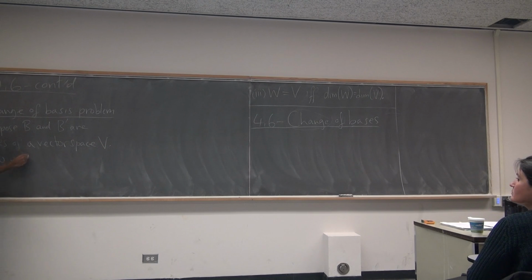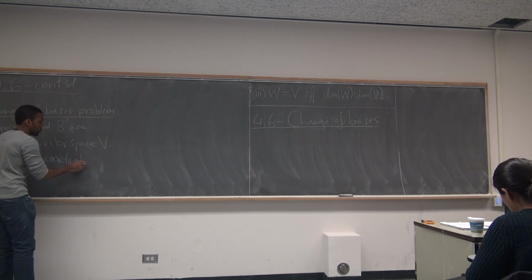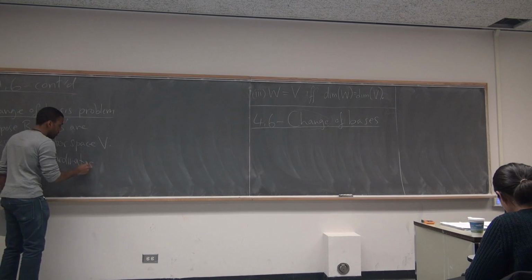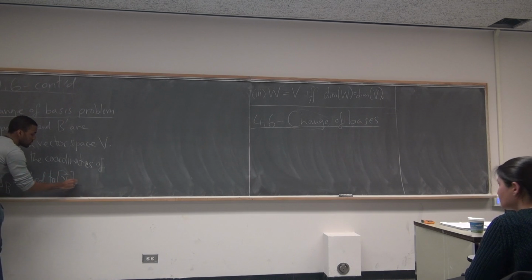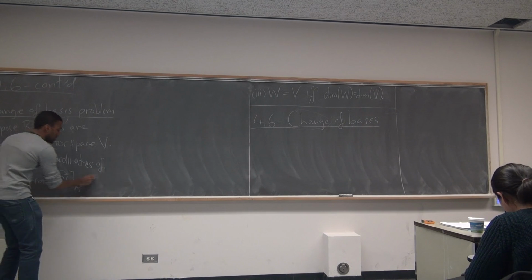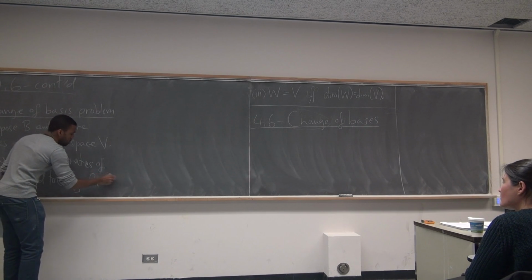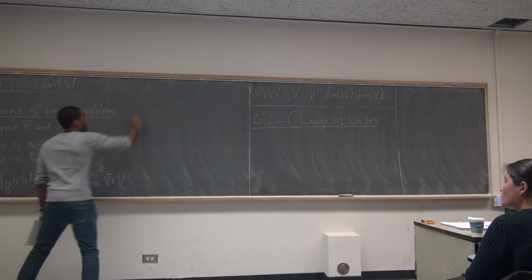How are the coordinates of V sub B related to V sub B prime for a random vector in our vector space?